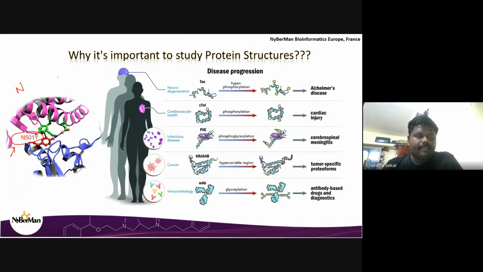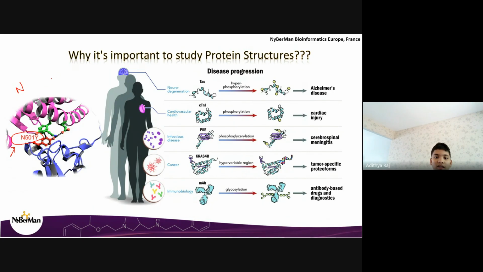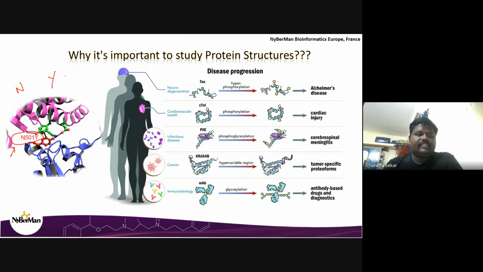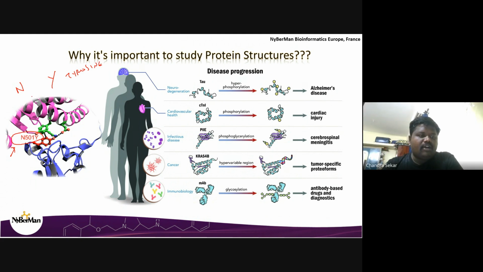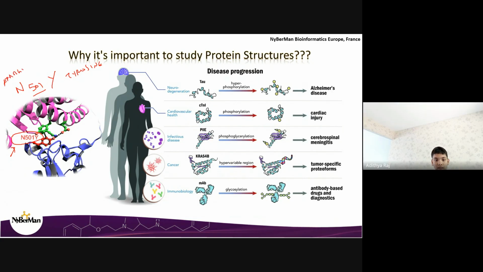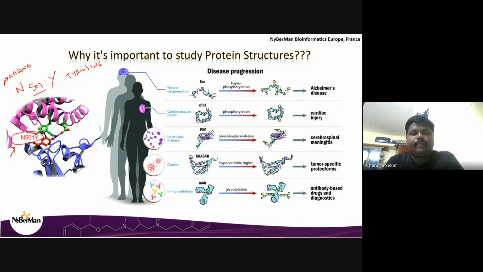You remember? Y stands for tyrosine. What happens in the 501 position is this asparagine has transformed into tyrosine. So it causes a disease.